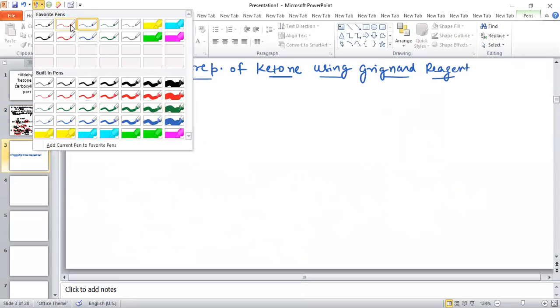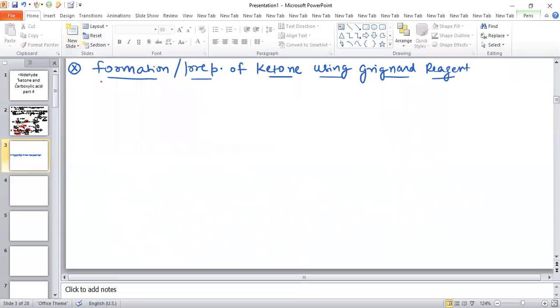Now I can easily say, if the reaction of RMgX in presence of RCN, so what happens, you can easily see.